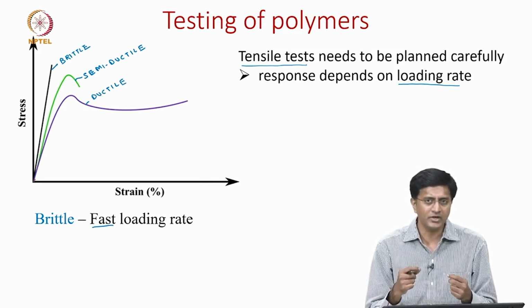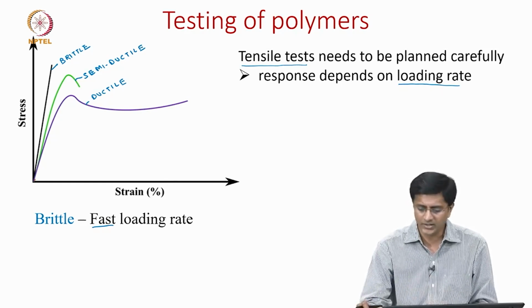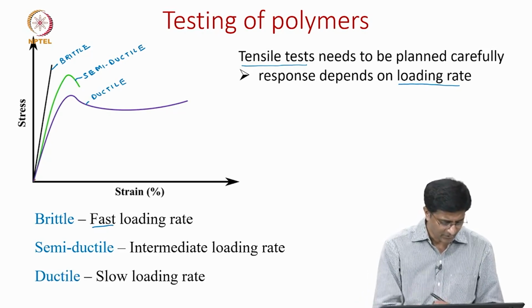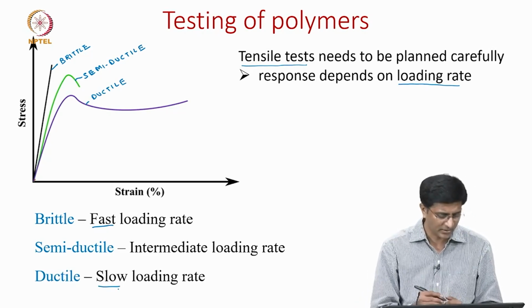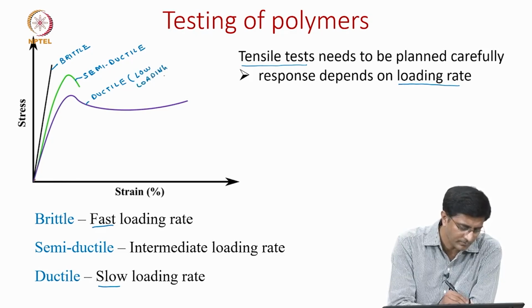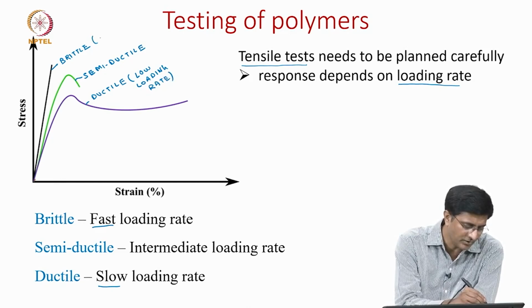The same PVC, when it is tested at moderate loading conditions or very small loading rates, then we get this semi-ductile, and if it is even slower, we actually get this ductile. So, we are saying this happens when the loading rates are low, and we see brittle when it is a fast loading rate.